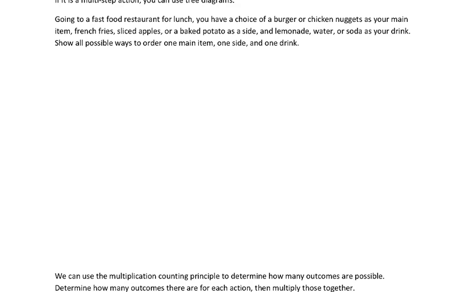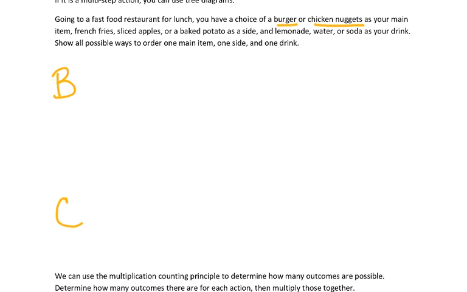So a tree diagram takes your first possibility of your main item. So our main item, we had 2 choices, which were burgers or nuggets. So I'm going to abbreviate that: B for burger, C for chicken nuggets. So that's your main item.